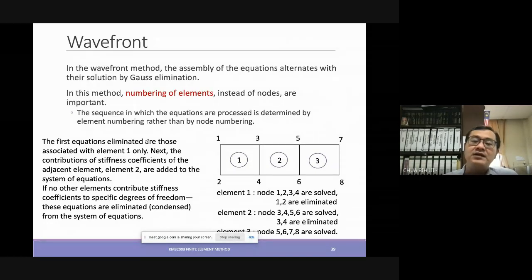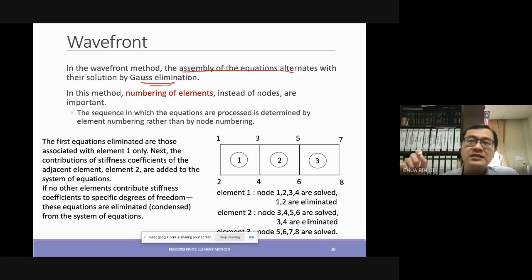Wavefront method. This Wavefront method basically focuses more on how we can make the calculations of simultaneous equations more efficient, instead of storing it in the form of a smaller size matrix. This Wavefront method considers the assembly of equations for the Gauss elimination.